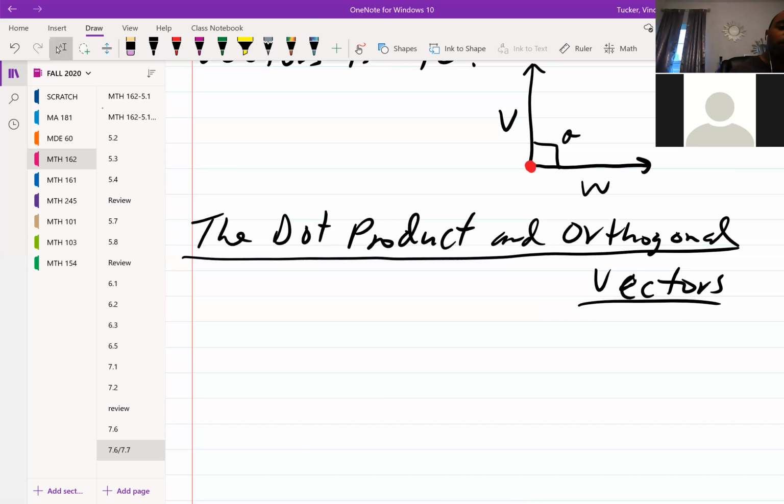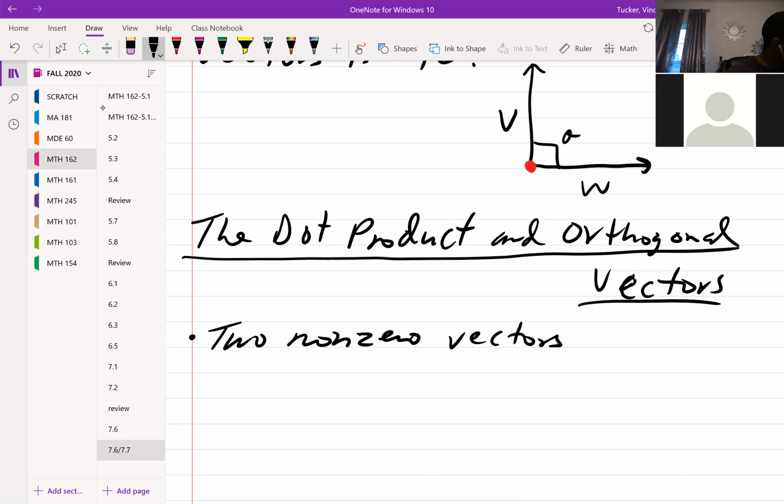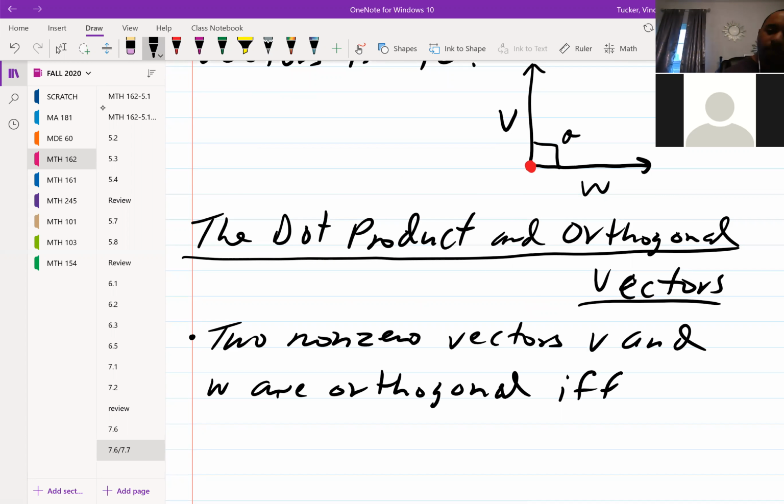And of course, if I scroll up too fast, let me know. IFF is shorthand for if and only if, so I didn't make a mistake there.